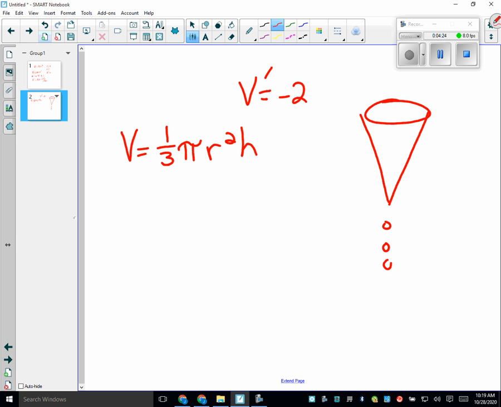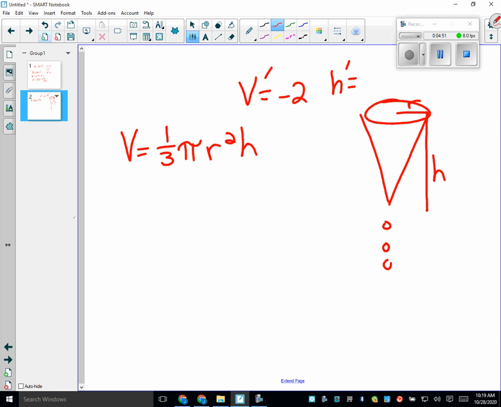Too many letters in here. Would you agree this is R and this is H? What I want to find is how fast is the water level sinking? H prime is what I want to find.